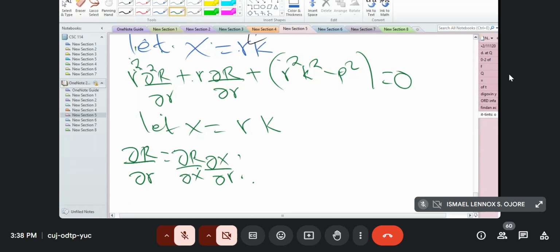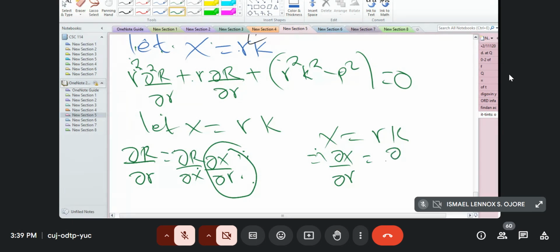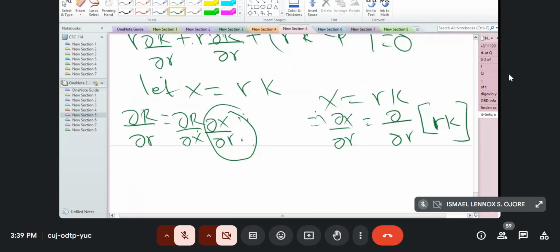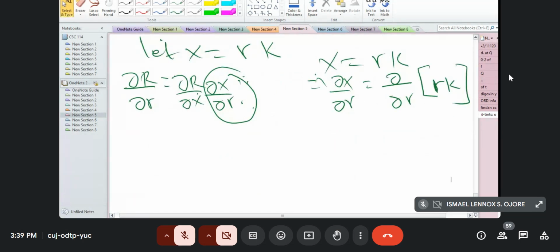So if partial capital R, partial small r is equal to this, we can obtain partial x, partial r from x equals rk, which implies partial x, partial r is the partial derivative with respect to r of the quantity x, but x is equal to rk. If we differentiate rk partially with respect to r holding k constant, what do we get?